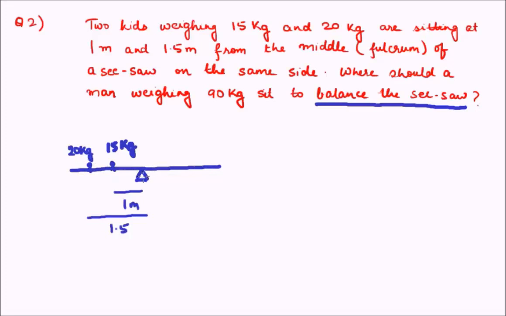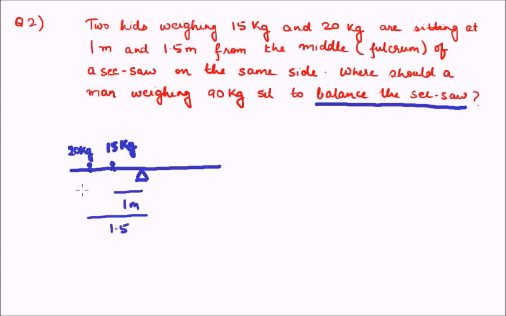Let us do a thought experiment. Suppose that the man sits in the same side of the seesaw as the two kids. What will happen? What will happen is that these two kids are producing a moment in the anti-clockwise direction. They will try to turn the seesaw in this direction, the anti-clockwise direction.